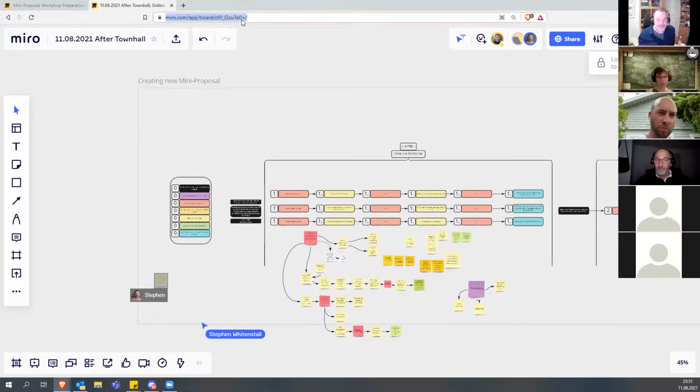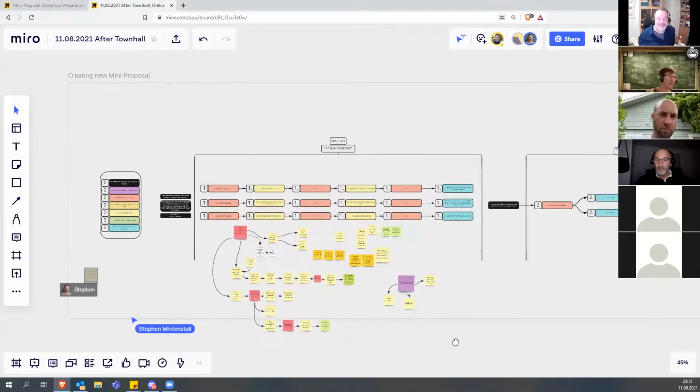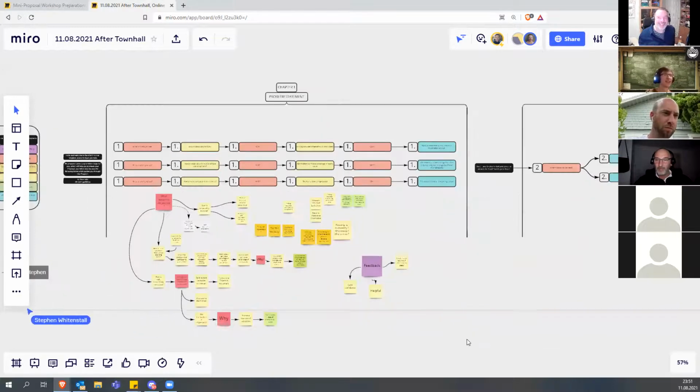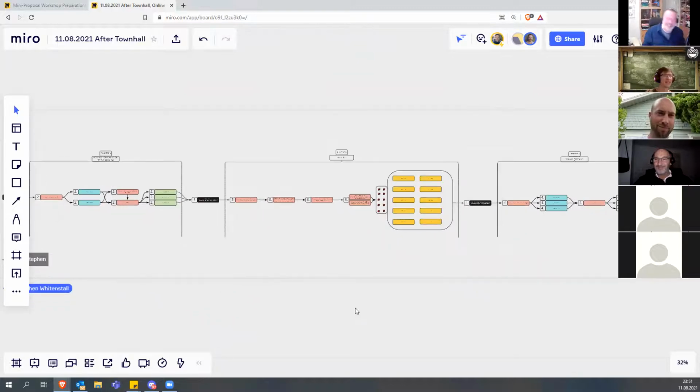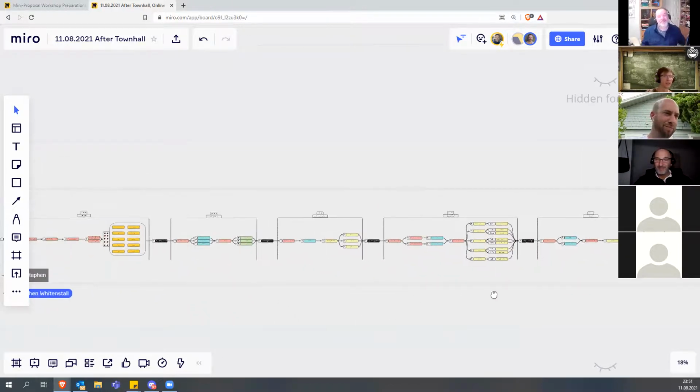If you go to this Miro board, you can pretty much just copy paste it to your Miro. It's open source. The full solution is here.